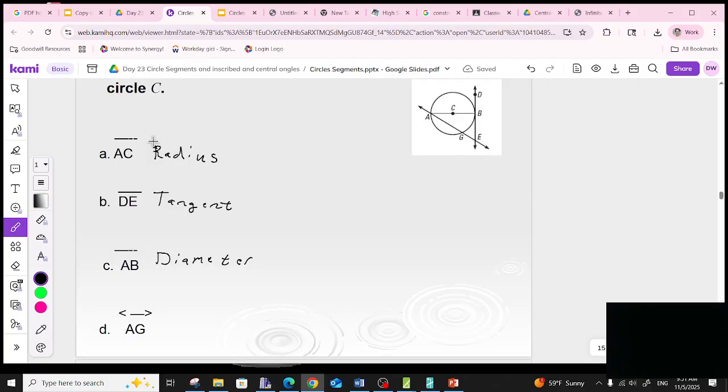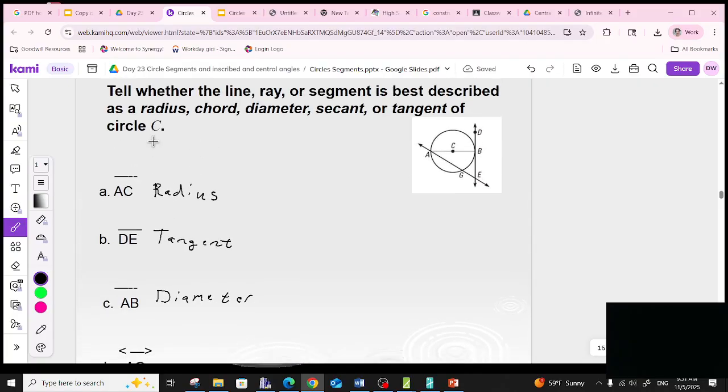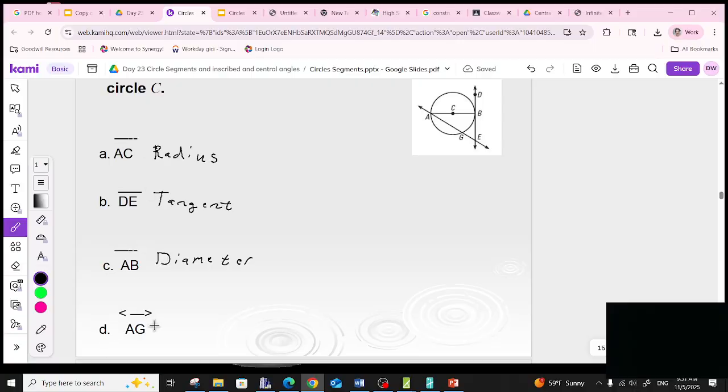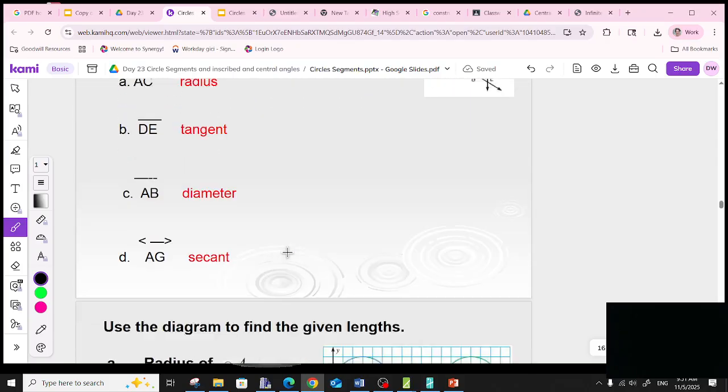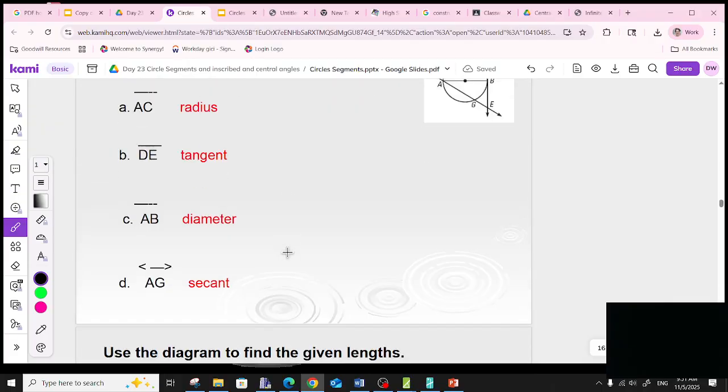What's AG? No. It has arrows at the end. Secant. Secant passes through. It's not just the end points, it actually goes through the circle. Oh, here's all the answers.